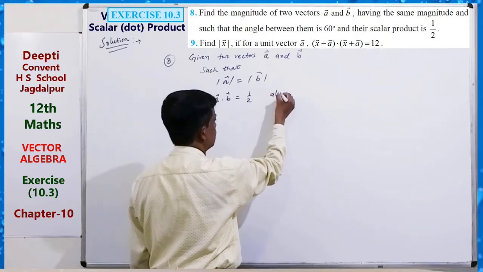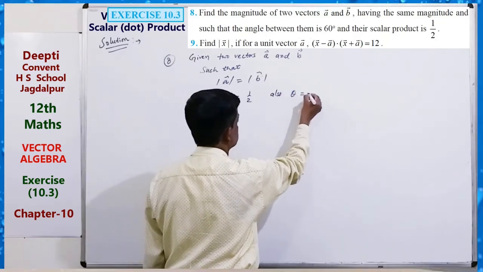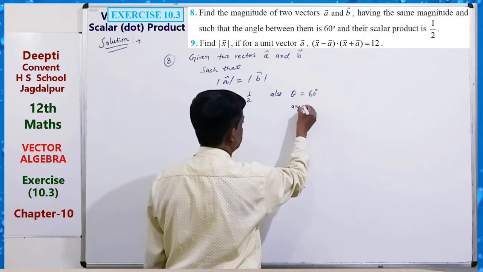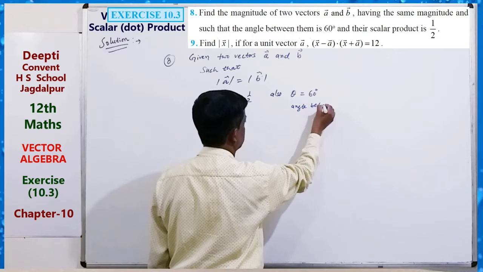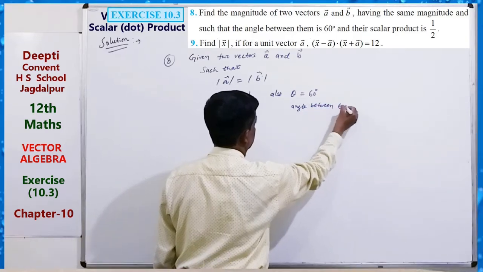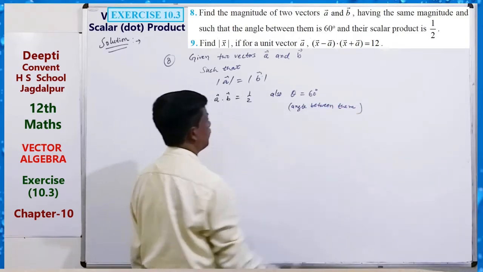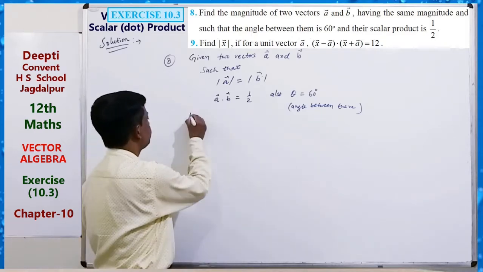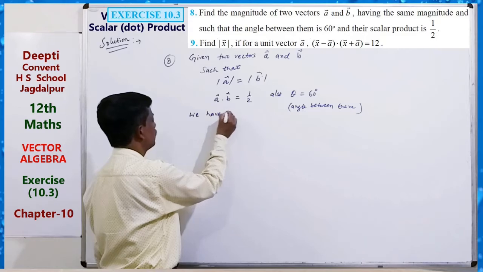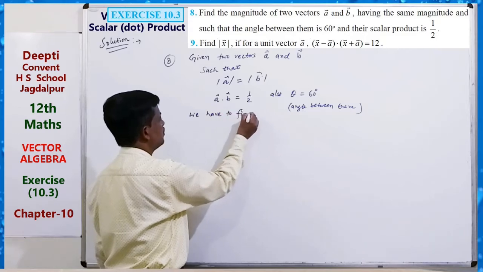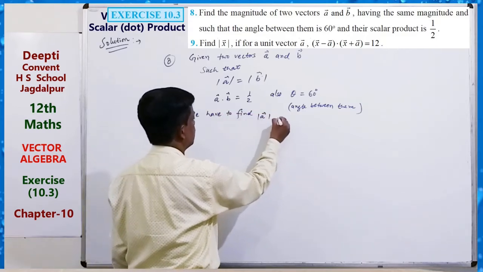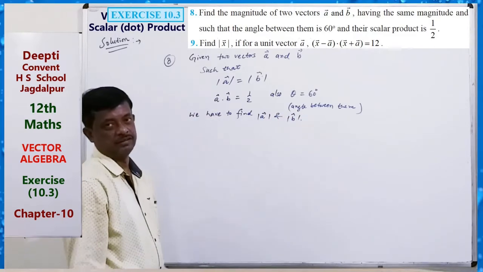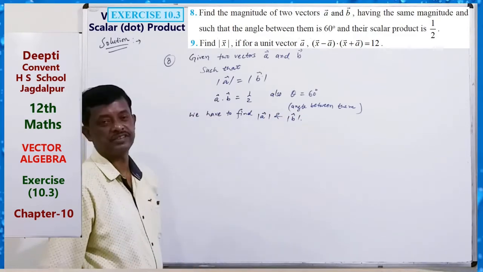Also theta equals 60 degrees, the angle between them. These are the given. Just we have to find mod A and mod B. Use the formula for this. Very simple.